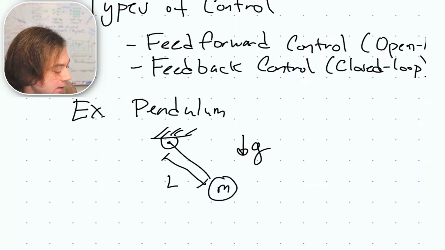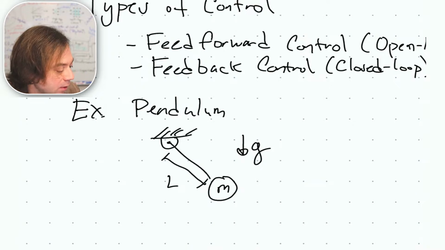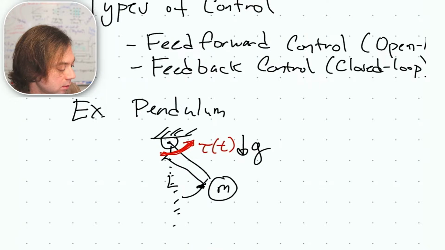You've got the length of the pendulum, L, a mass, M, and gravity, G. What we do not have currently is a torque on this pendulum. Let's put a torque on the pendulum right there. Let's call it tau of t. And of course, the angle of this pendulum relative to the vertical is theta of t.